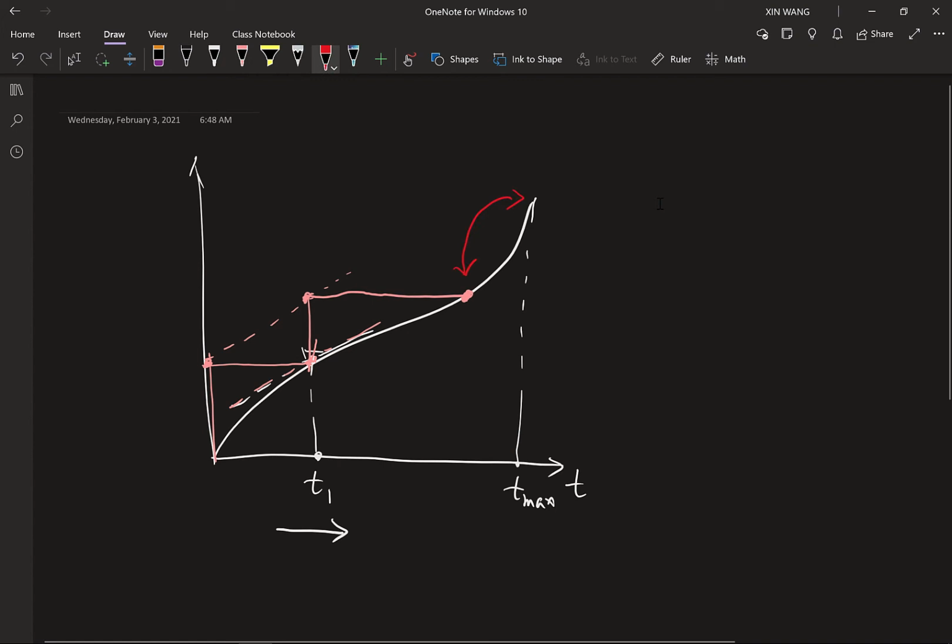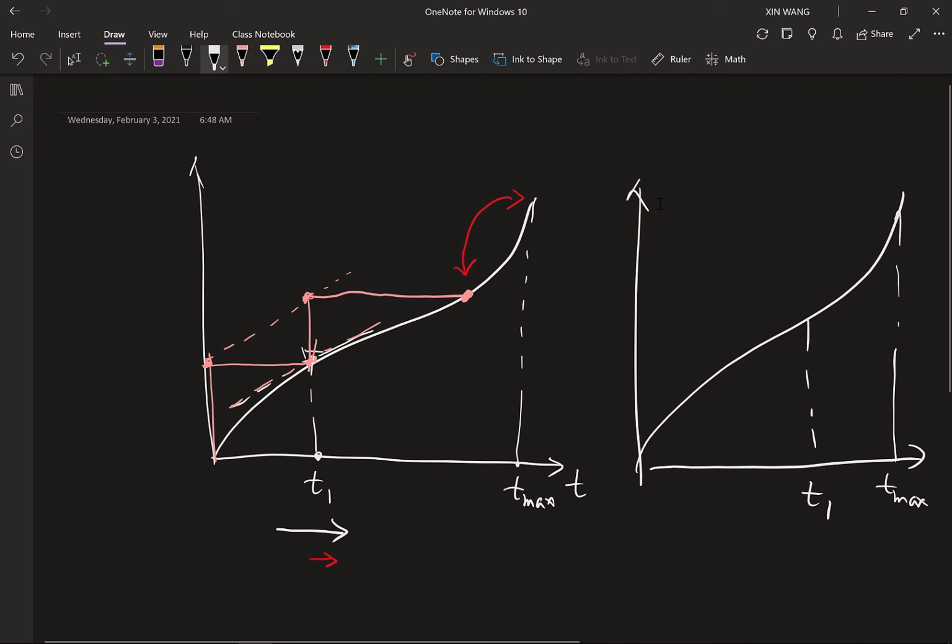In another case, we should increase t1. Or if we have another case, where this point is t1 and we have this gradient, then we know the first dispatch is 0, so we create this line the same as this gradient, and then we can find the load.